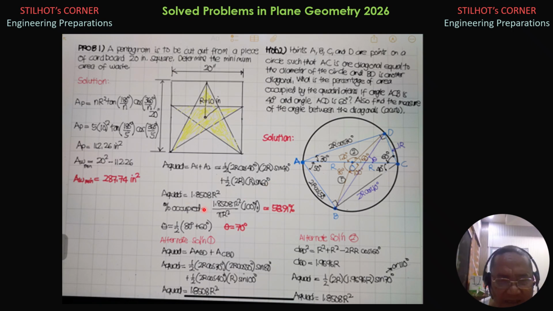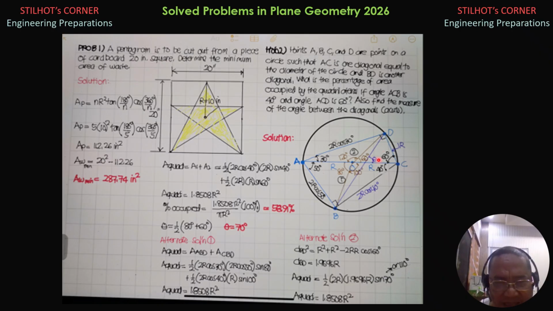So the percentage of area occupied by the cyclic quadrilateral is 1.8508 r squared over the area of the circle, pi r squared, times 100%. So it is 58.91%. Then the angle between the diagonals, theta, is the acute angle between the diagonals. The obtuse one is 180 degrees minus that acute angle theta.